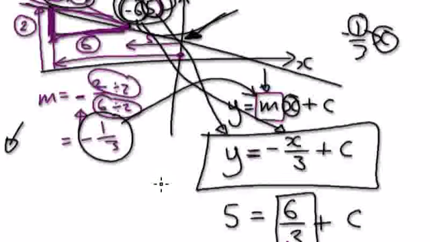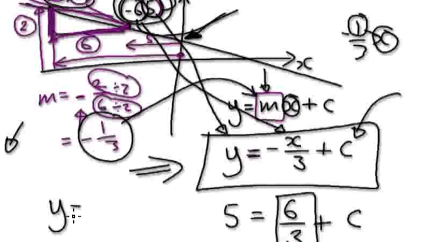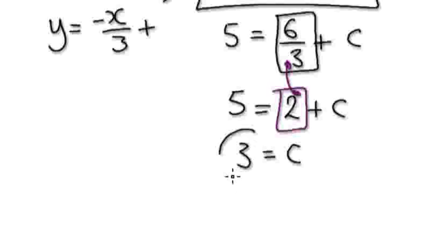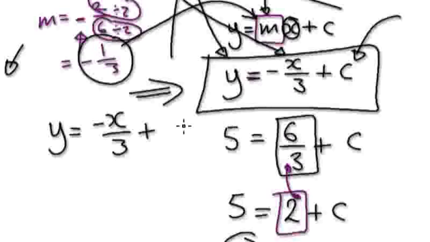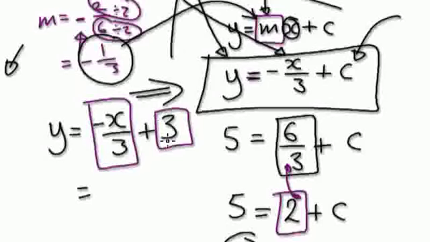Going back to here, we put the 3 into the intercept. So it would be y equals minus x over 3 plus 3. You've got one fraction and then a whole number, so let's try and merge the two together so it looks neater.